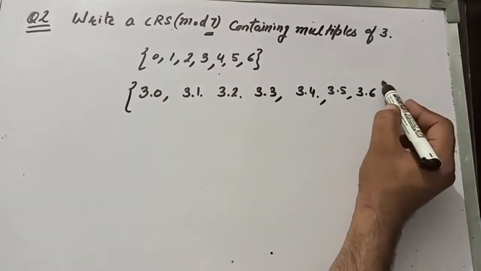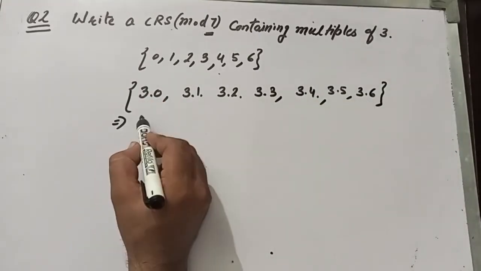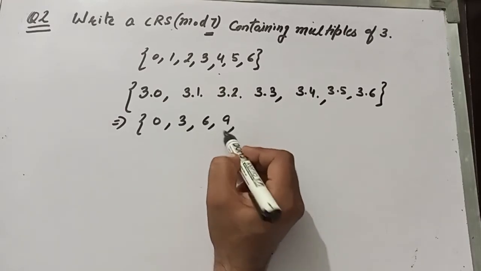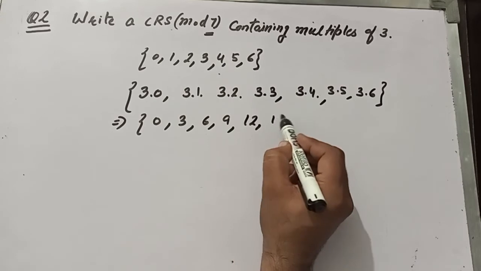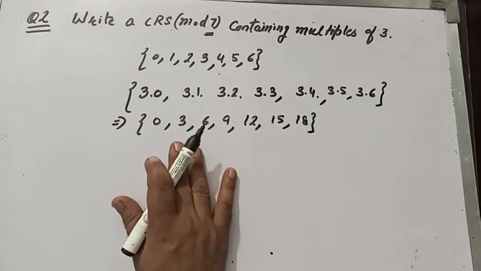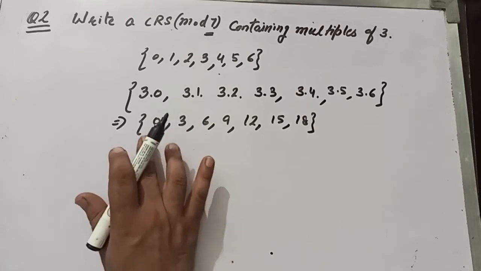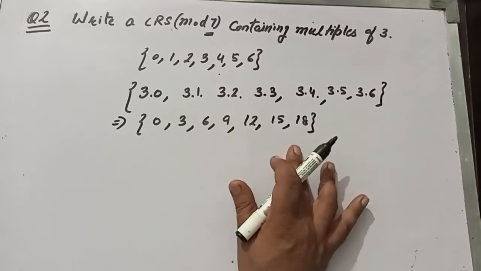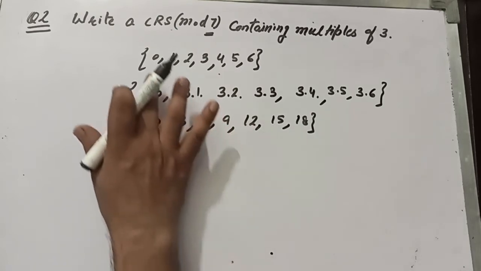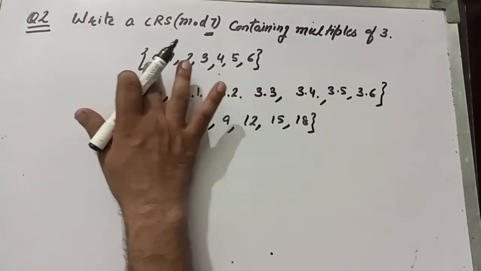Okay, so just simplify this. What you have? 0, 3, 6, 9, 12, 15 and 18. And now you can check that it is a complete residue system. First, these are 7 elements and every element is congruent to some element from this set of remainders.